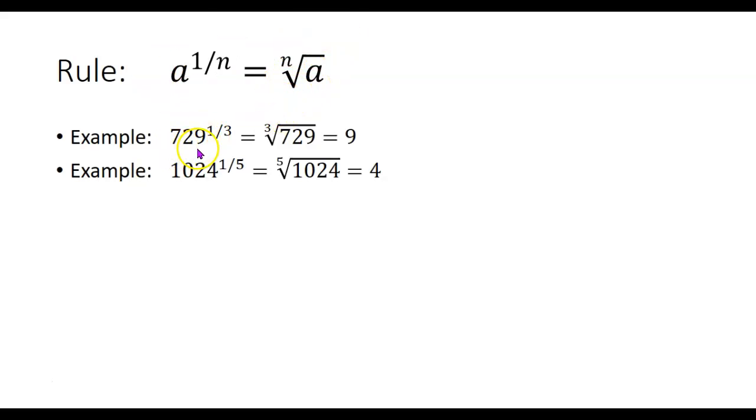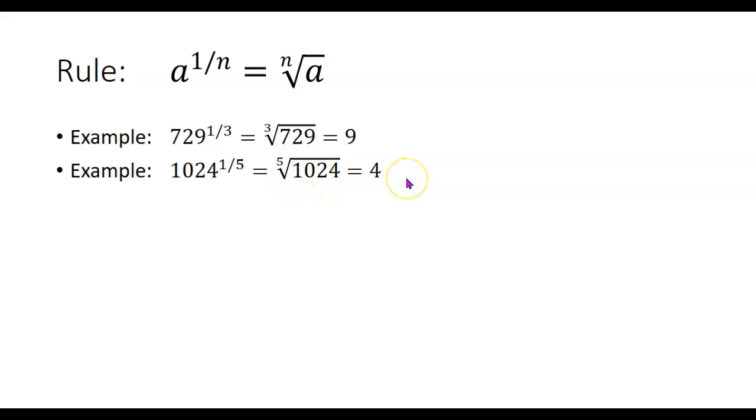So for example, 729 to the 1/3 power means the same thing as the 3rd root or cube root of 729. And that turns out to be 9. 1024 to the 1/5 power means the same as the 5th root of 1024.